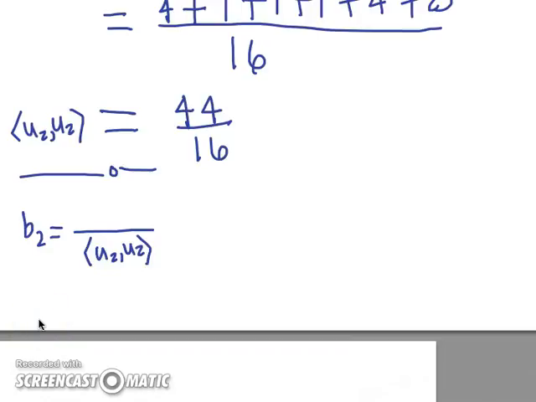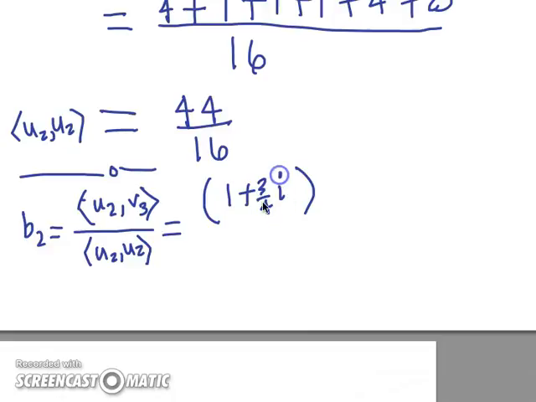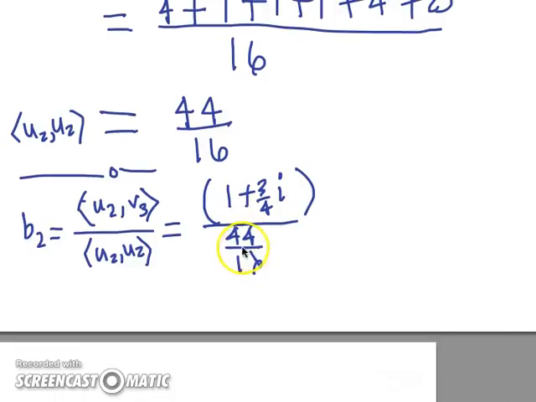This means that the scalar B2, which is the ratio of the inner product U2 V3 over the square of the norm of U sub 2, we can write as 1 plus 3/4 times i in the numerator, and in the denominator we have 44 over 16.